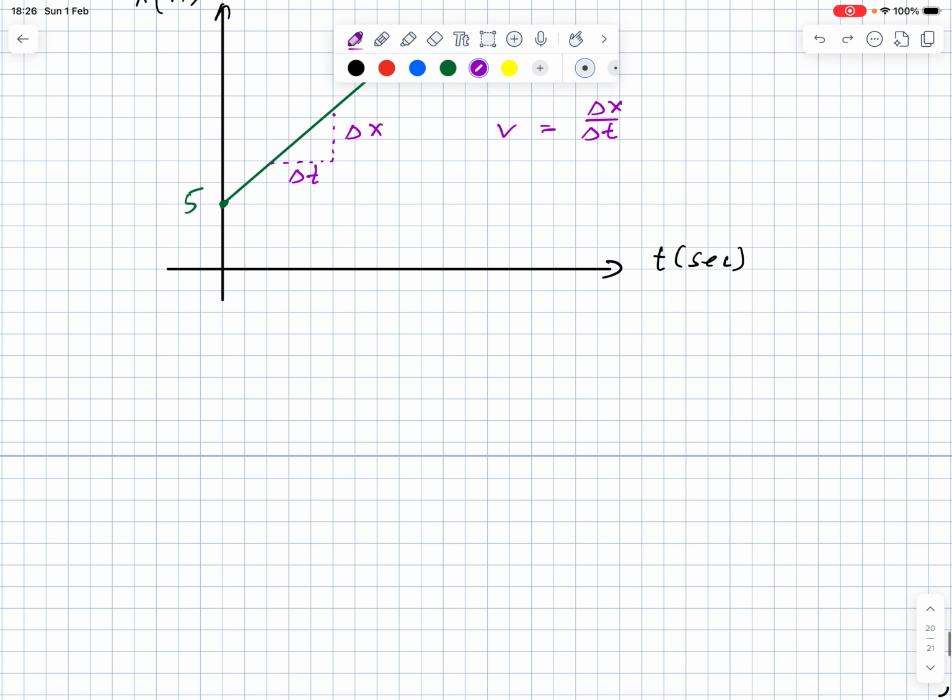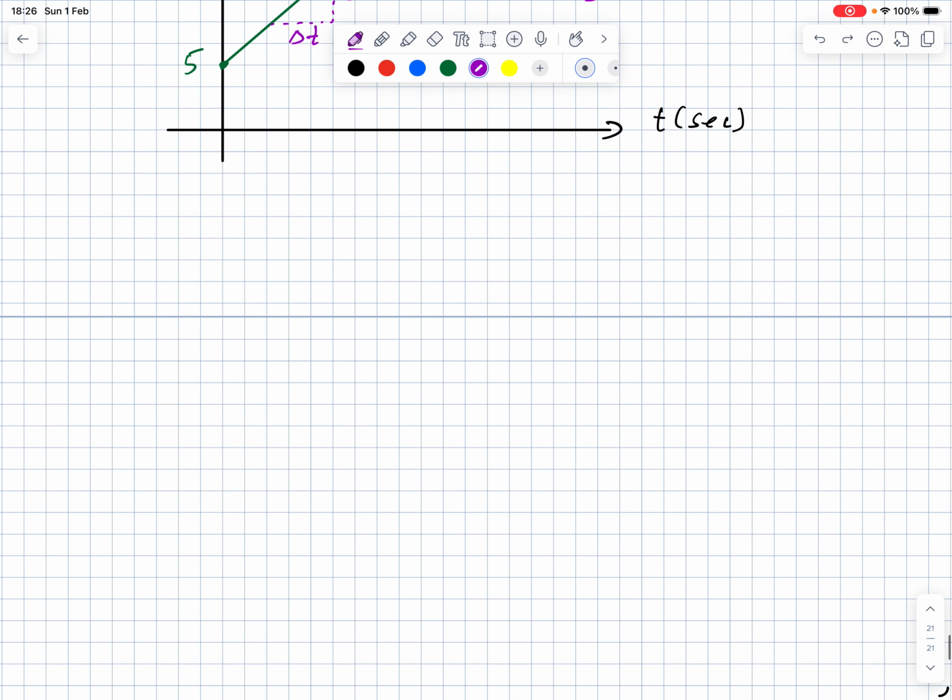What can we ask also? What is the displacement of this object between the initial time of 1 second and the final time of 4 seconds?